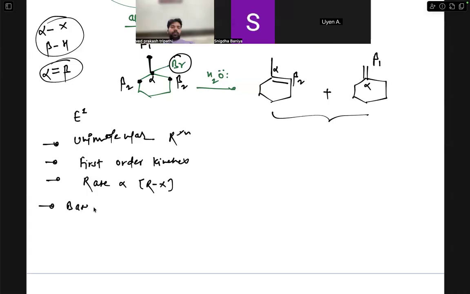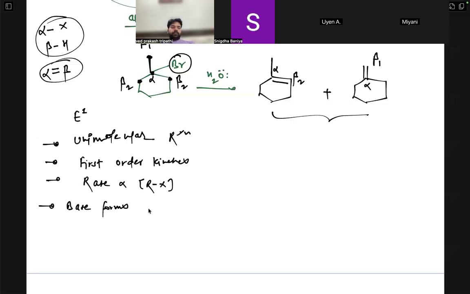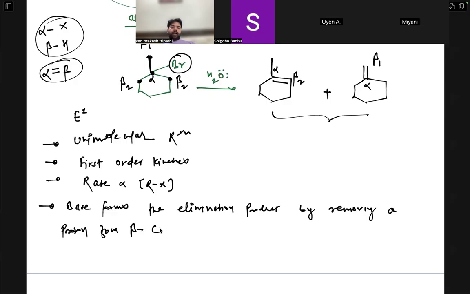The base forms the elimination product by removing a proton from the beta carbon.